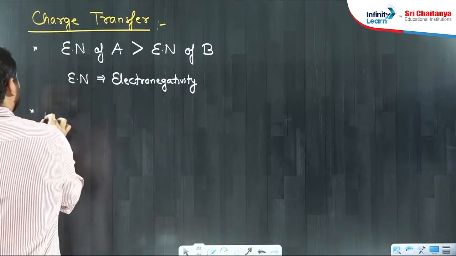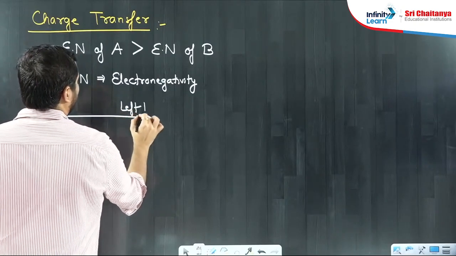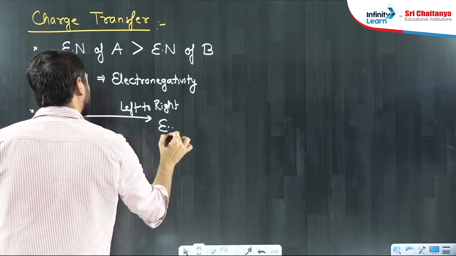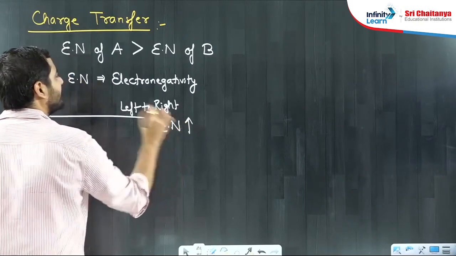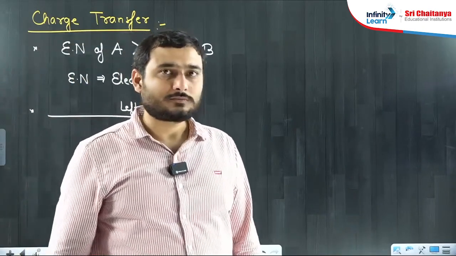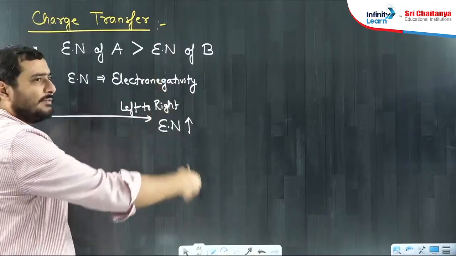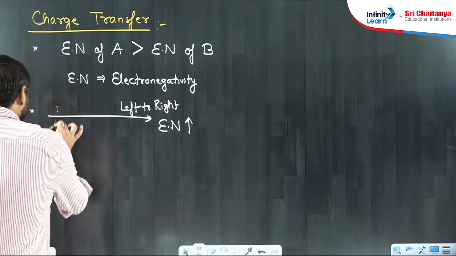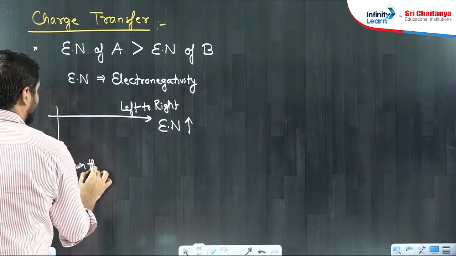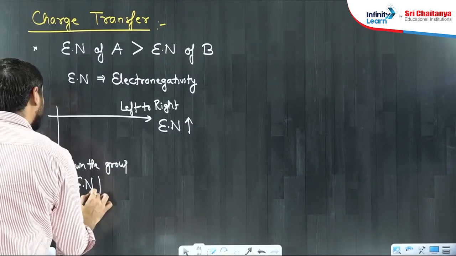In the periodic table, when we move left to right in a respective period, electronegativity increases. This is the general trend, just remember this. And when you move down the group in the periodic table, electronegativity will decrease.